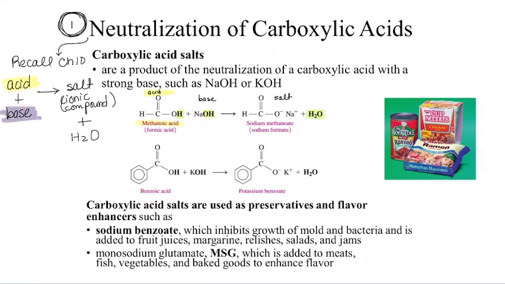Your base is going to be that sodium hydroxide, that lithium hydroxide, that potassium hydroxide. Your salt, your ionic compound, is going to be where specifically your carboxylate salt is paired now with the cation of the base.